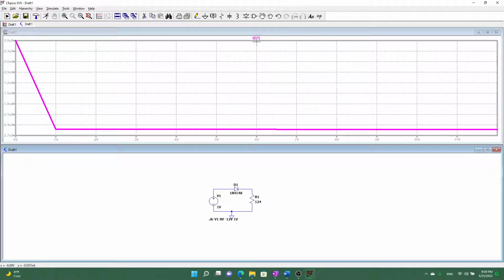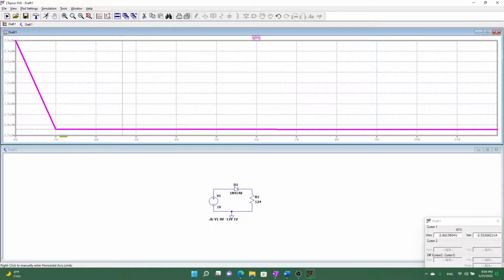But anyway, if we put on our cursor, we can see that at the end of the day, the output current through the diode is somewhat stable at -2.52 milliamps. So there's really nothing for us to analyze here. Starting from -1 volt to infinity, it's stable at -2.52.